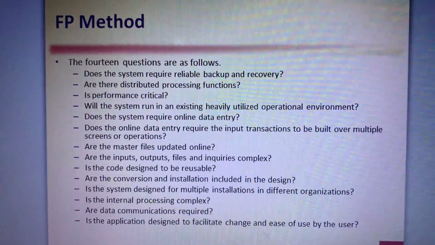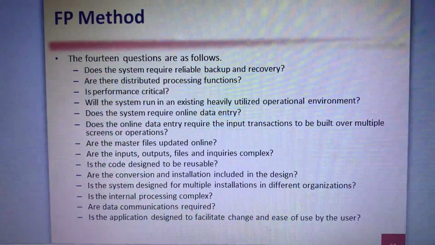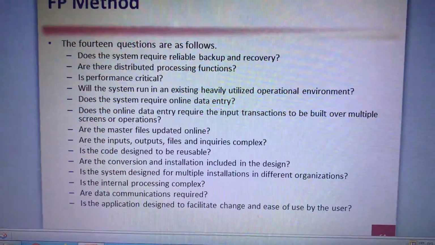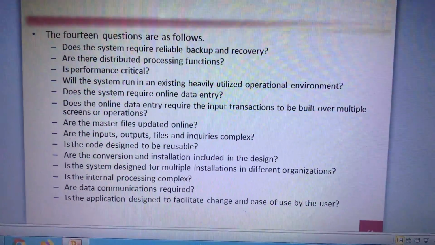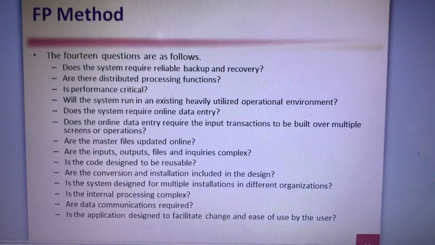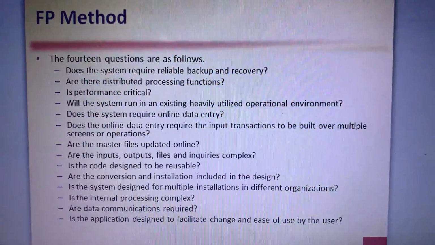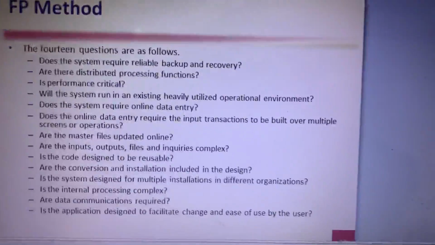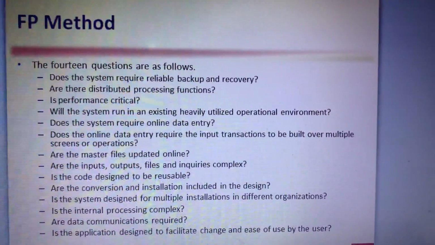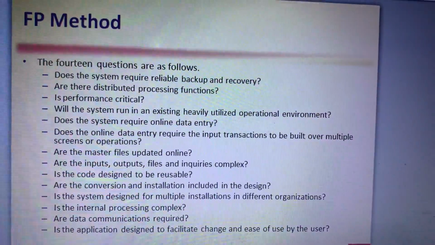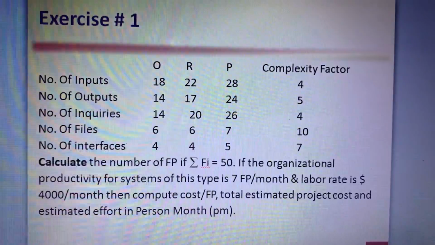Is performance critical? Will the system run in an existing heavily utilized operational environment? So these are the 14 questions. You need to scale them between 0 and 5. 0 means not applicable and 5 means highly applicable. After that, the summation of the 14 questions is sigma Fi.